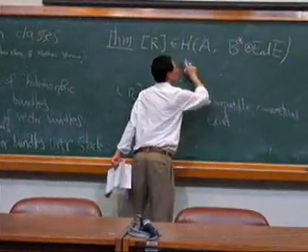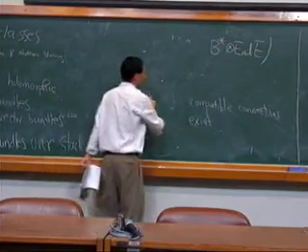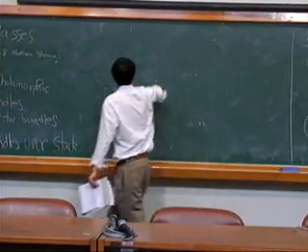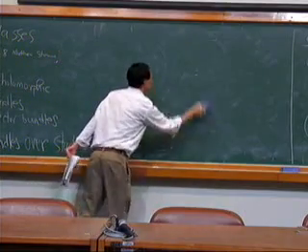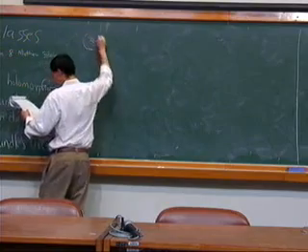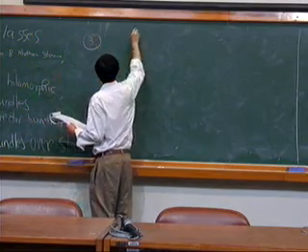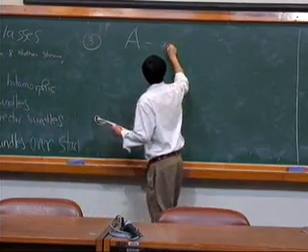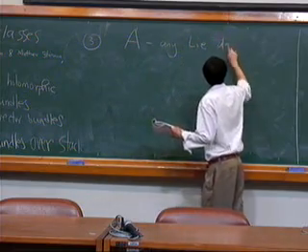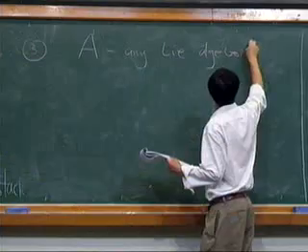Now, another simple example is, let's start with A being any Lie algebroid. This is just the smooth category, a smooth Lie algebroid.